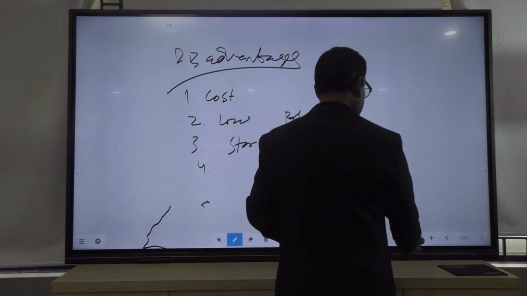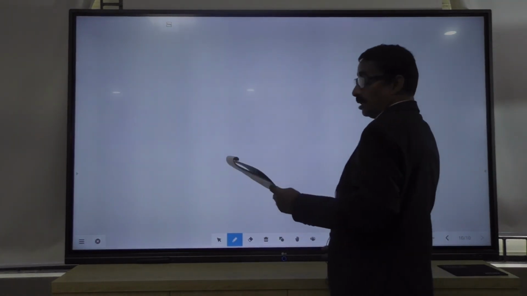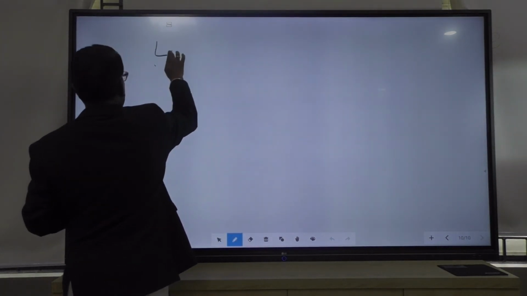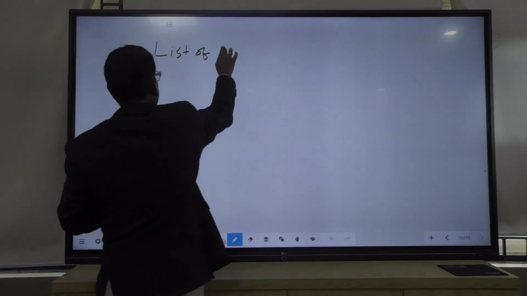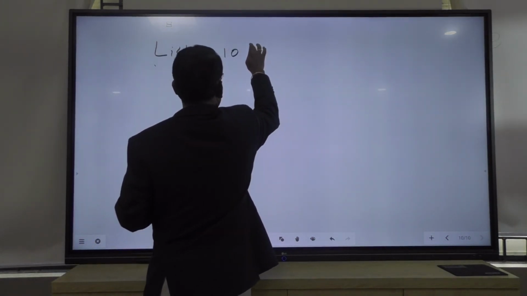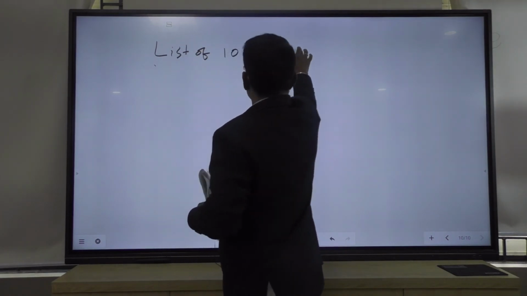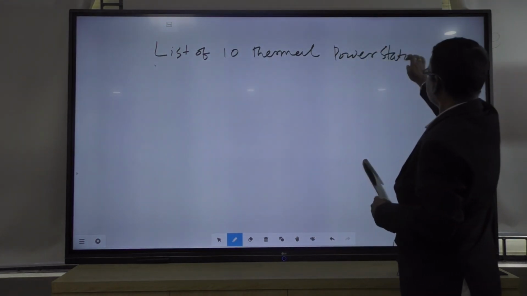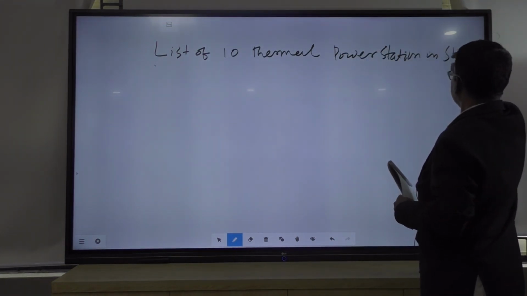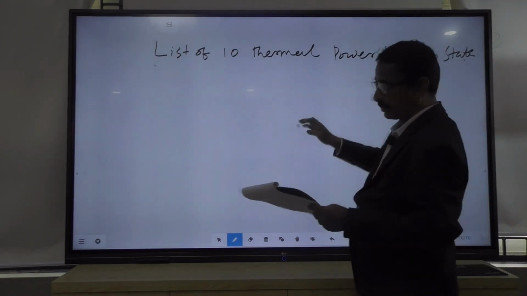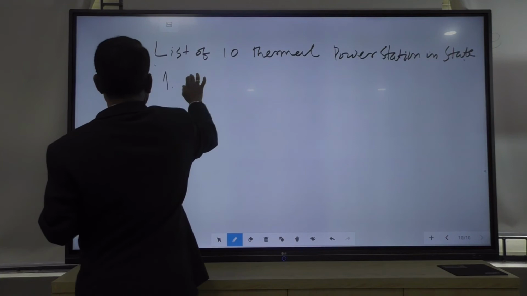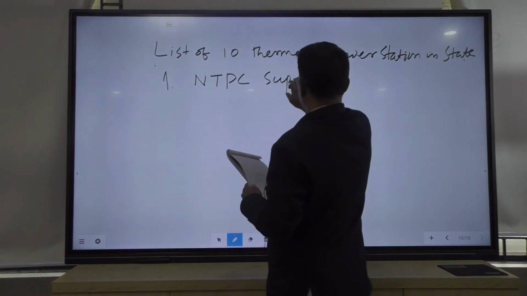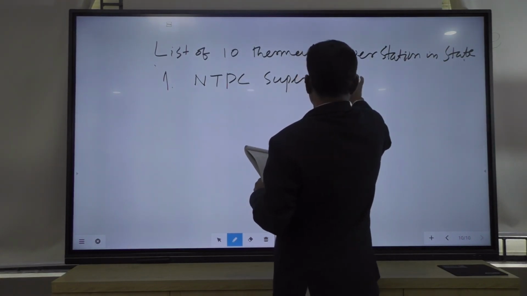Now next is a list of 10 thermal power stations in Orissa, in our state, with their capacities. It is in your syllabus. First is NTPC Kaniha, NTPC super thermal power station.